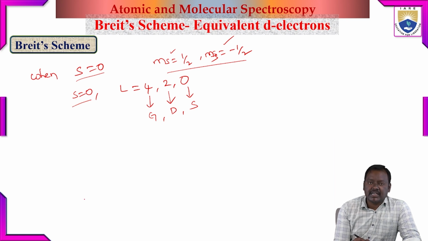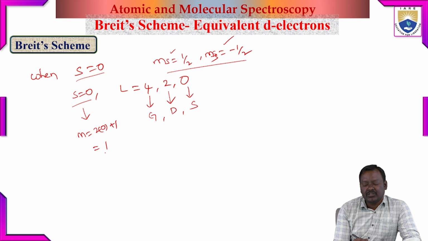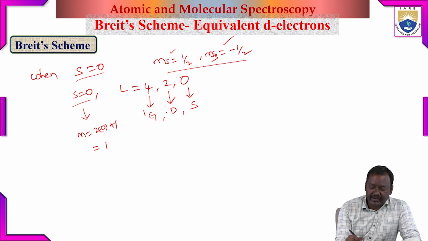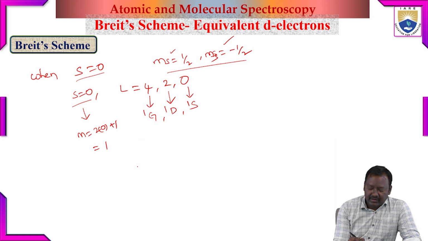As S value is 0, the multiplicity is 2 into 0 plus 1, which is 1. So the spectral terms are 1G, 1D, 1S. Again, we can calculate the J values here.